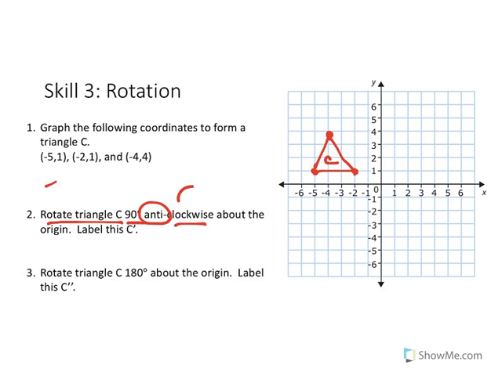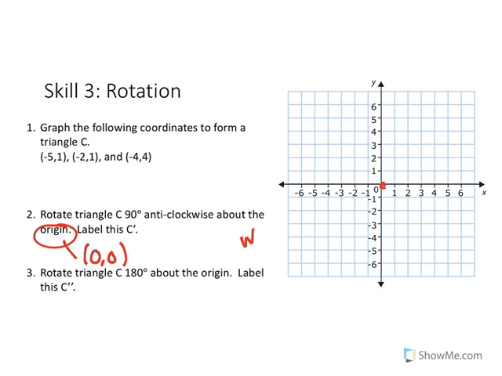And remember, going this way is with the clock, so that is clockwise. Going against the clock, going this way, that is anti-clockwise. About the origin. Origin is always, no matter what, 0, 0.